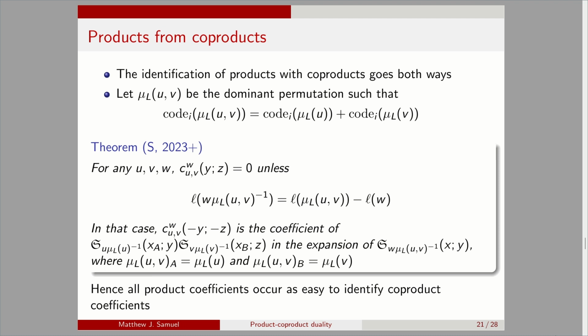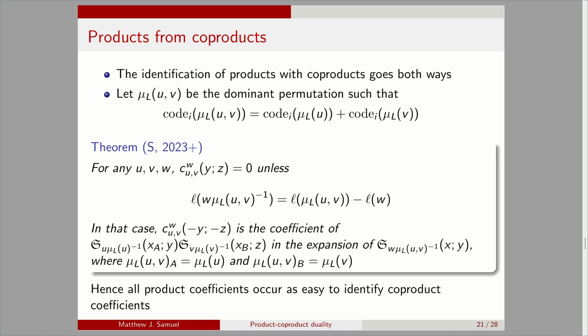So given this definition, for any u, v, w in S infinity, c^w_{uv} of y, z is 0, unless the length of mu L of uv inverse is equal to the length of mu L of uv minus the length of w.